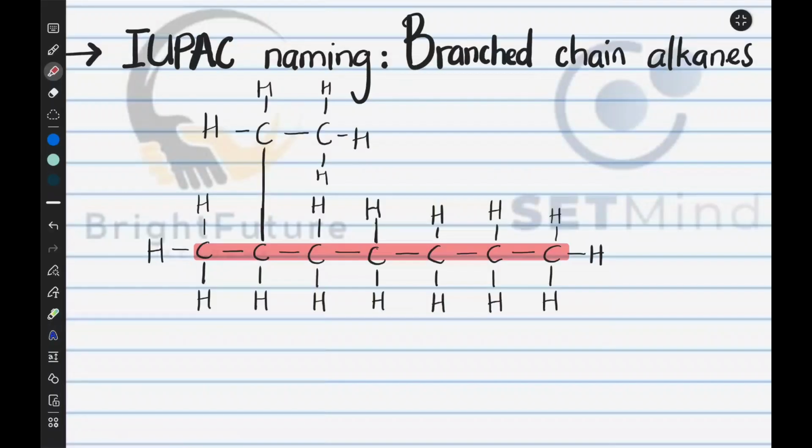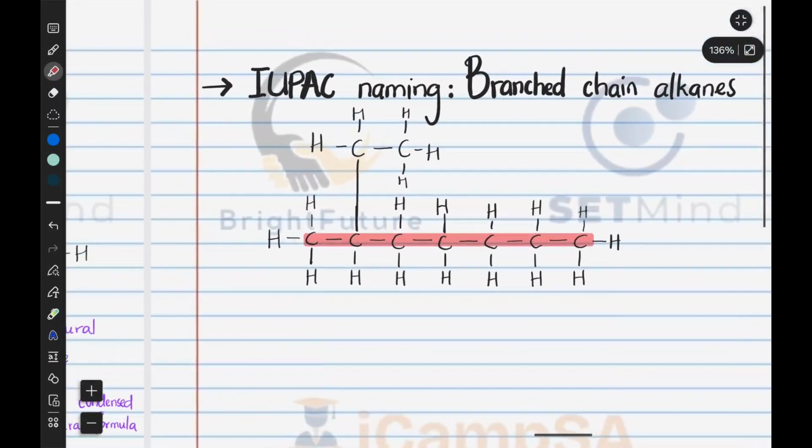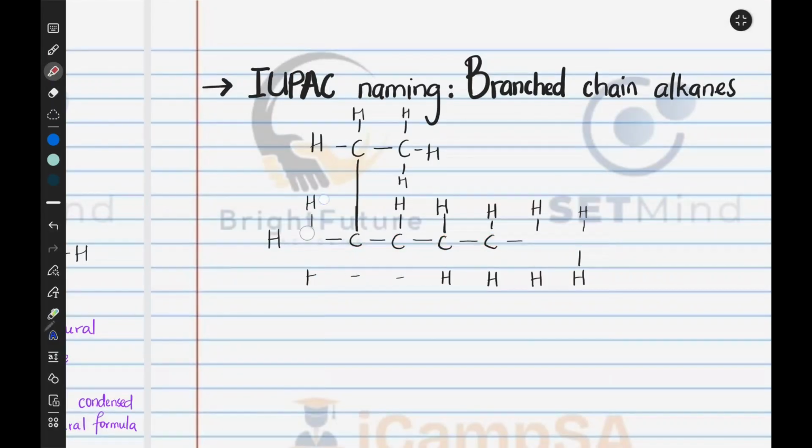So depending on the chain that you identify, you will also get to see a certain alkyl group or a certain branch, right? So one thing is we have to also name these branches. The way we name them depends on how many carbon atoms they have. Okay, let's take this away.